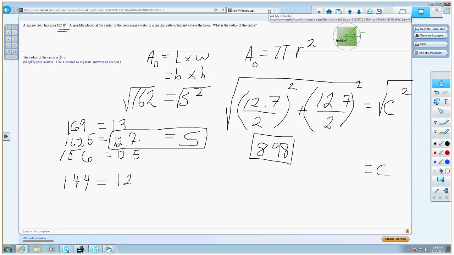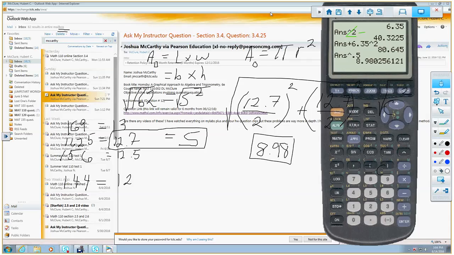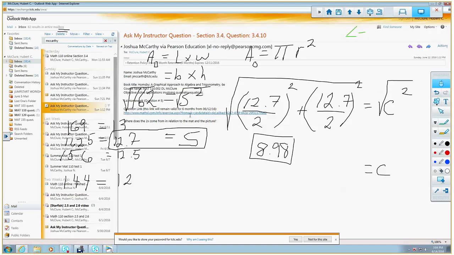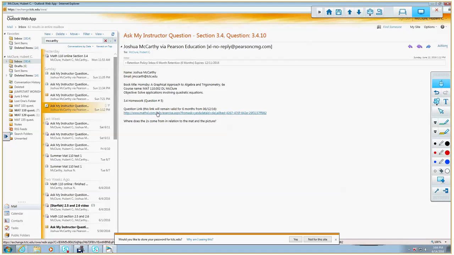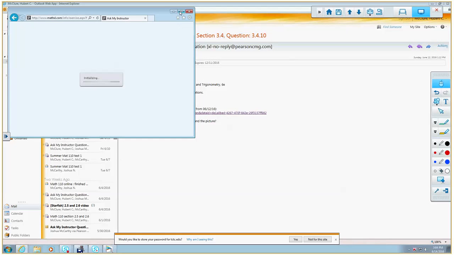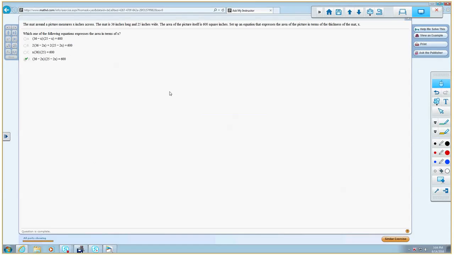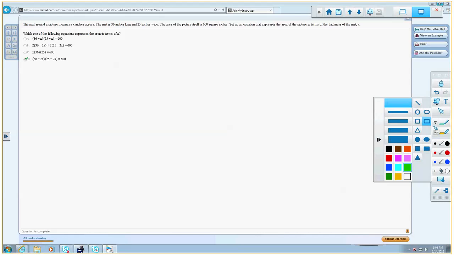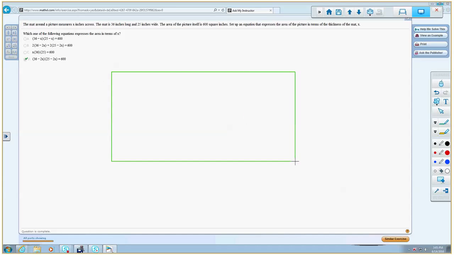Let me find another problem. This next problem is 3.4, number 5. A mat around a picture indicates the mat is 36 inches, and so on. Okay, this question is kind of a misleading question. Here is a mat. The picture goes in here.